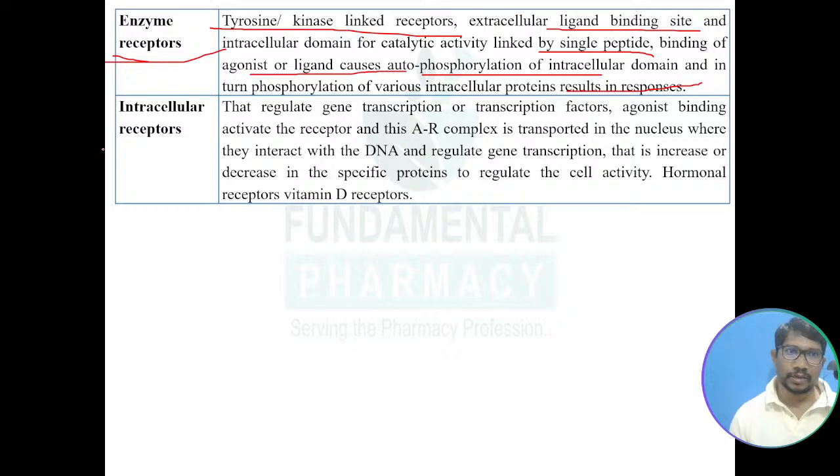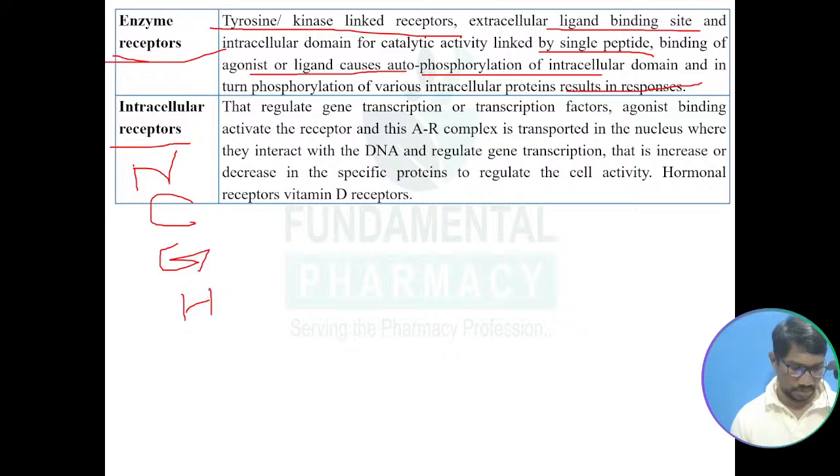What is the type 4 receptor? Intracellular receptor, nuclear receptor, cytoplasmic receptor, or receptor that regulates gene transcription, also known as a hormonal receptor.